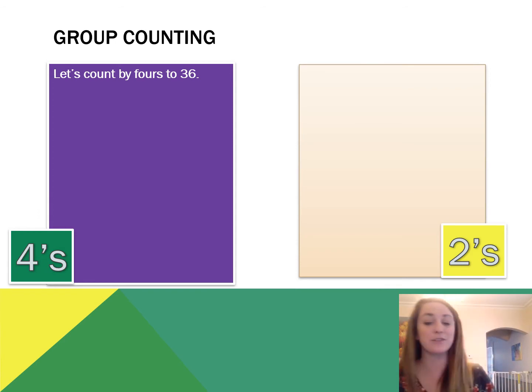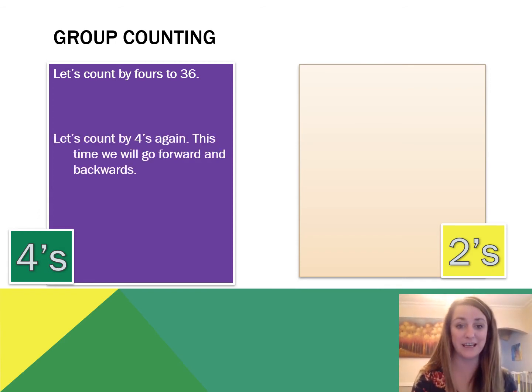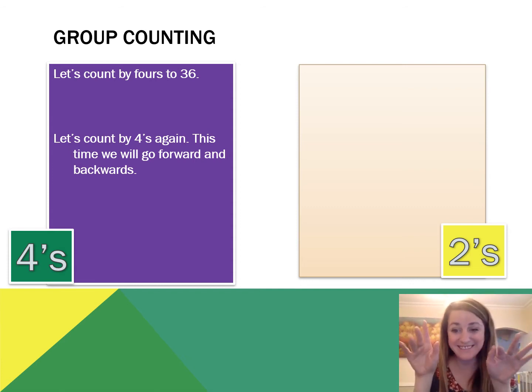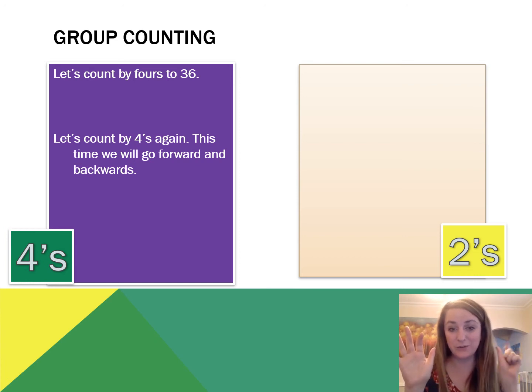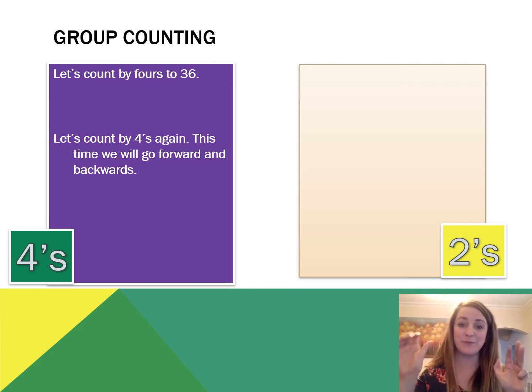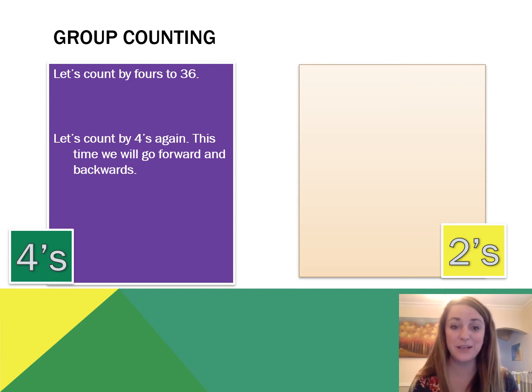Let's count by 4s, 5 4s to 36. Ready? Let's go. Wiggle it out. Bring it close. Count by 4s to 36 and go. 4, 8, 12, 16, 20, 24, 28, 32, 36. This time, we'll count forward and backwards.